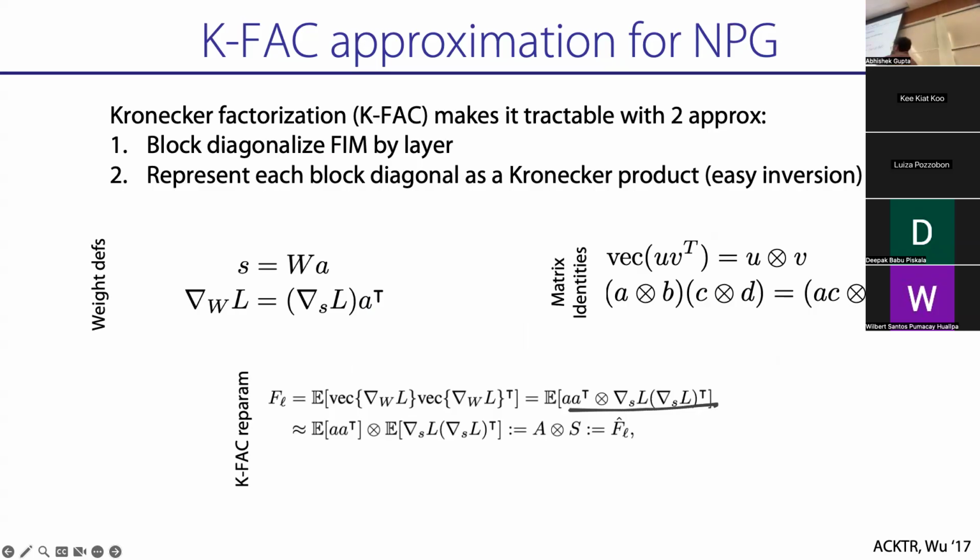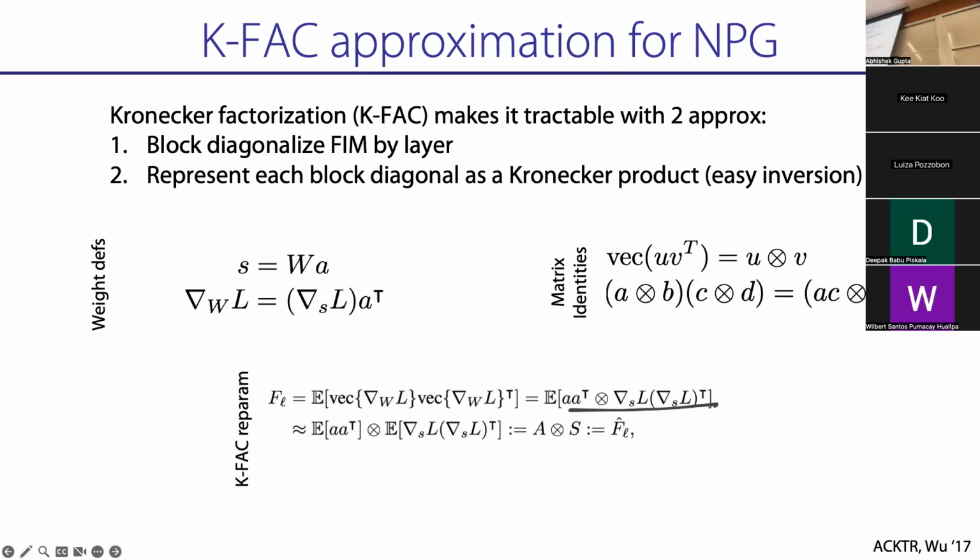And so far we haven't made an approximation. It's just the matrix identities. We started with the Fisher information and said that, just by the definition of your weights, you can write this as a Kronecker product between A and grad SL. And then we've just used the second Kronecker product identity to get here.